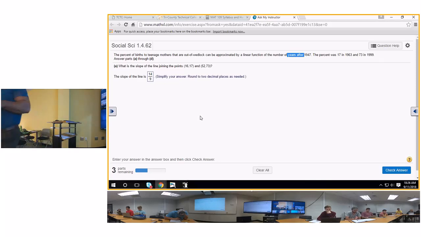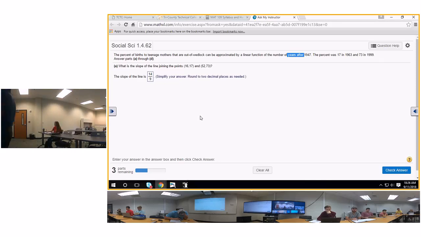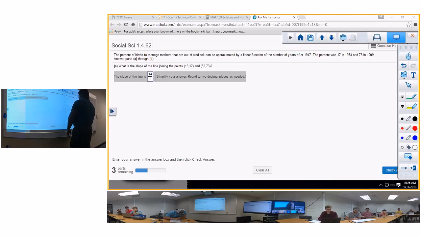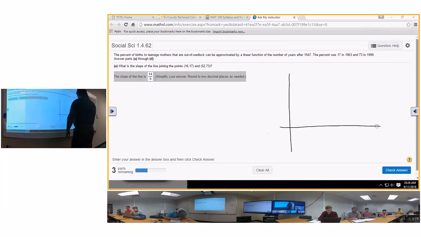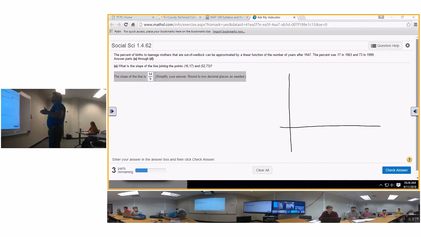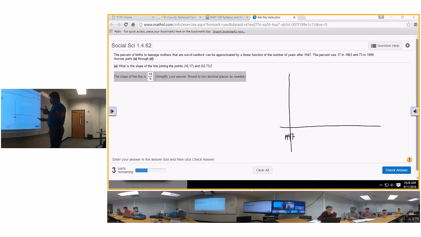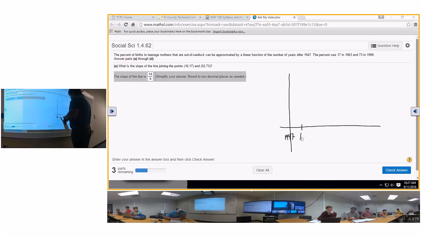So right now I'm going to try to draw a graph. And it says years after what? 1947. So that means 1947 is right here, because this is years after 1947. Everybody with me? So I'm going to say this is 1950. Then I'm going to go over here to 1960, and then 1970, and 1980.